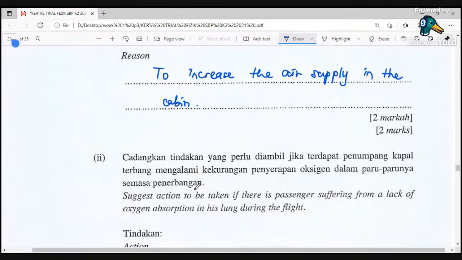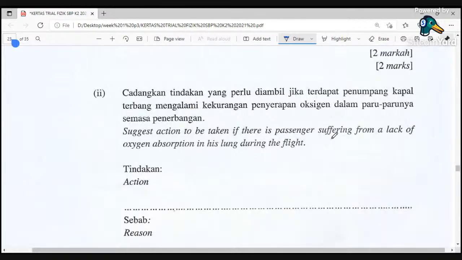Okay, suggest action to be taken if there is a passenger suffering from a lack of oxygen absorption in his lungs during the flight. Yeah, kalau macam ni macam mana? Suddenly there's a drop in air in the cabin. So maybe some passengers will experience something like this, suffering from a lack of oxygen absorption.